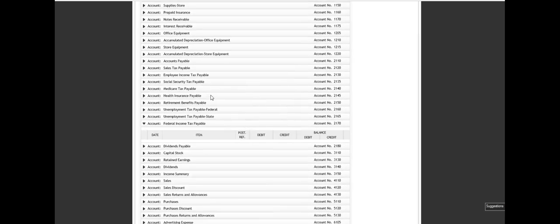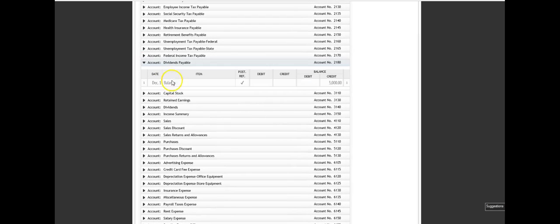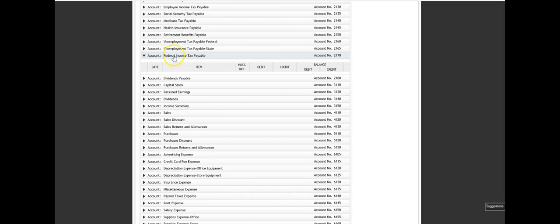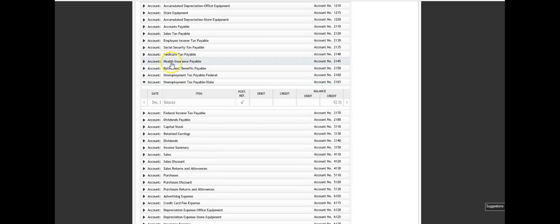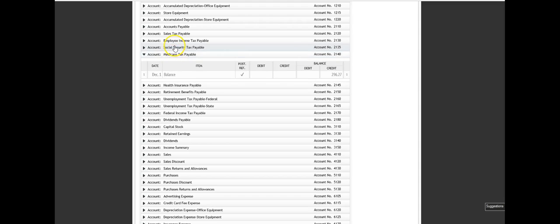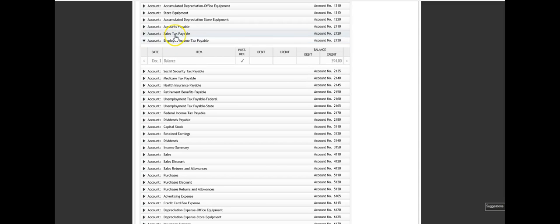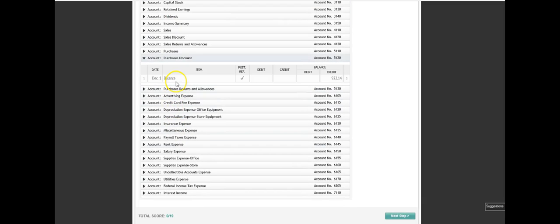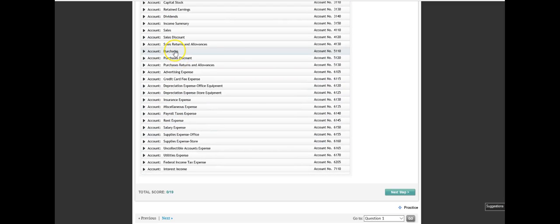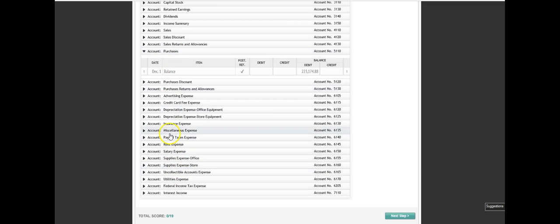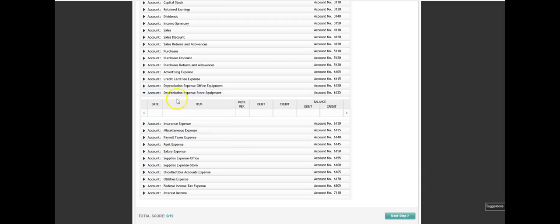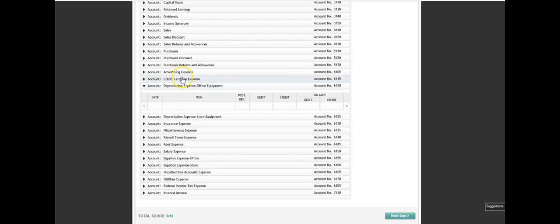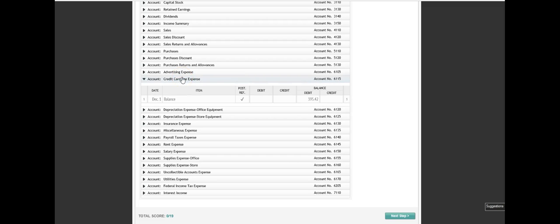Okay, post the adjusting entries. It's very odd, because all of these either have stuff already filled in, or they allow you to fill stuff in. All right, well, we'll come back to that one.